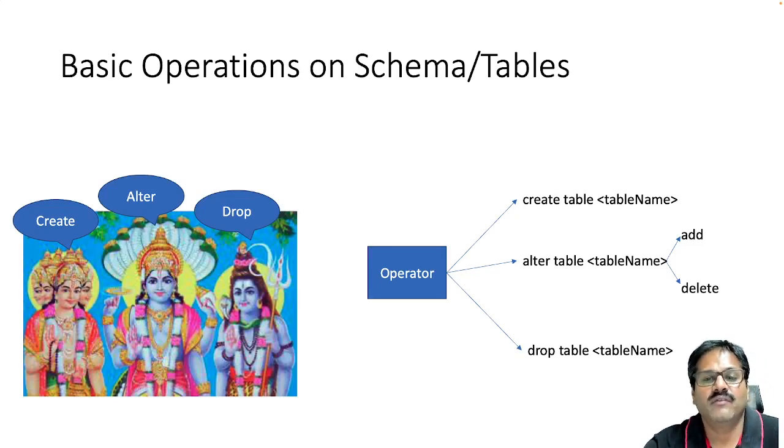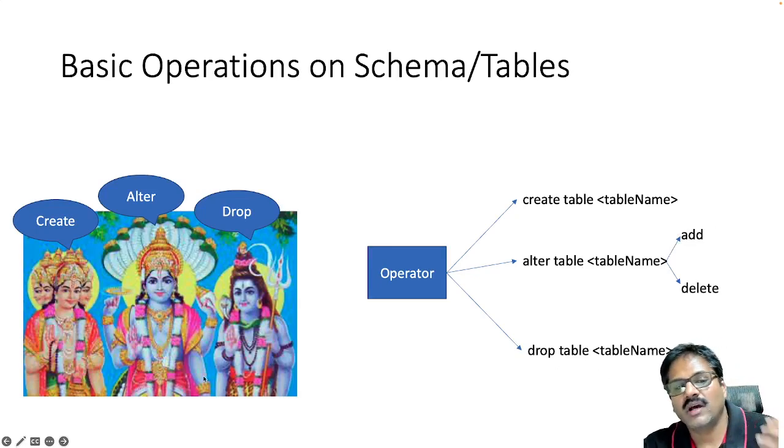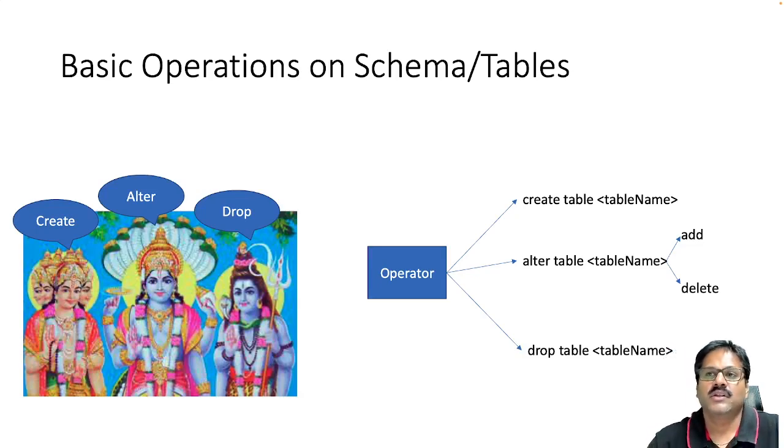We say create table, table name; alter table, table name, where we can add a column or delete a column; and next we can drop a table. These are the basic SQL queries for handling metadata.